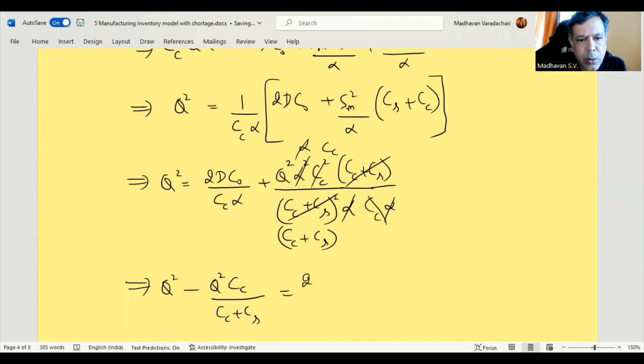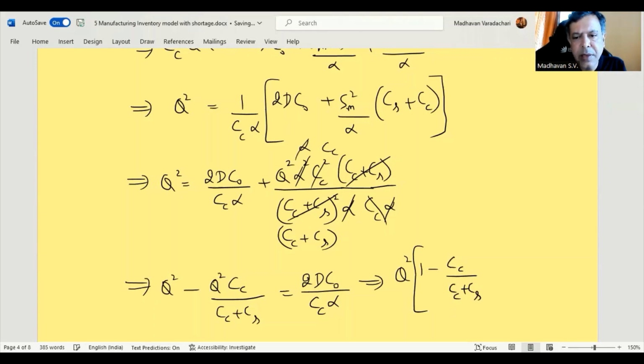This will be equal to 2dCO by Cc times alpha. Now in the left hand side Q square is common. Let us take that outside. You will have 1 minus Cc by Cc plus Cs is equal to 2dCO divided by Cc times alpha.